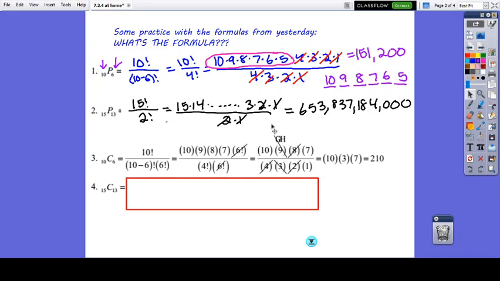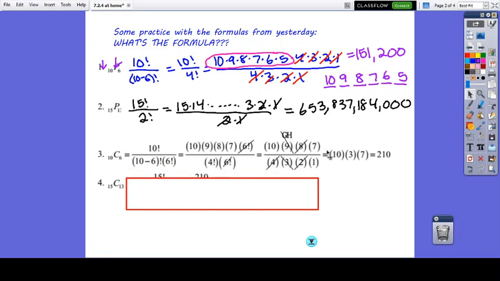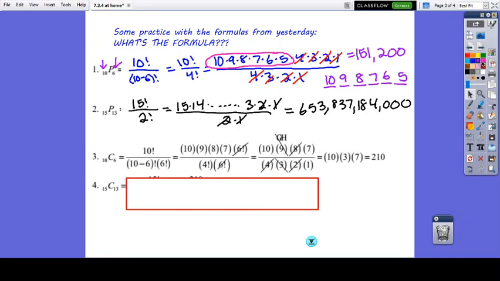Okay, so that would essentially come out to 151,200, and then you would divide it by your k factorial, or however many of those options there are. This is the way it looks, so you can go into the logistics of it, but this is the way that it looks. And then if you do that, 10 times 9 times 8 times 7 times 6, 5, 4, 3, 2, 1, but these two cancel out here, and then you have this 4 factorial.